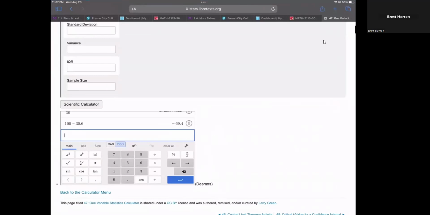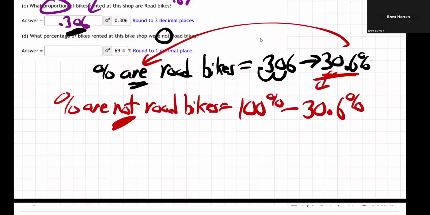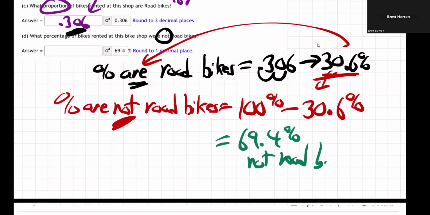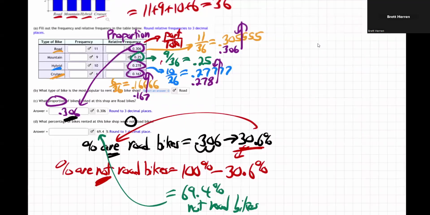We get 69.4. So 69.4% are not road bikes, which is exactly what they got. And so there we go.